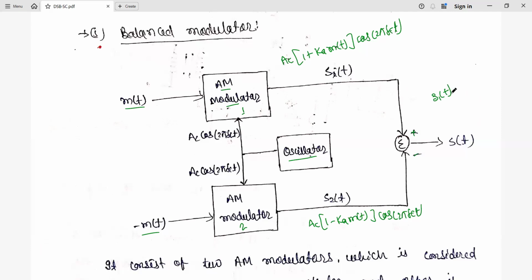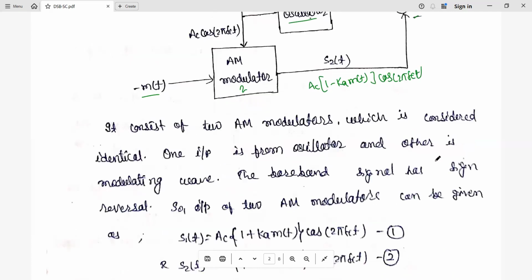So here we'll have S1(t) minus S2(t). Due to that, the first term will get cancelled and only the second term will be available. That is how the balanced modulator works.